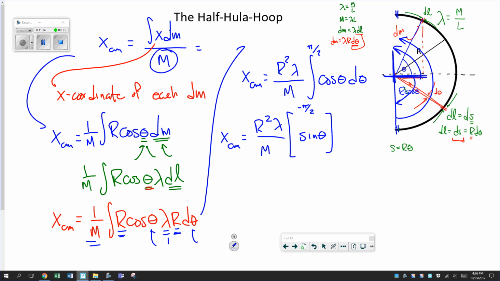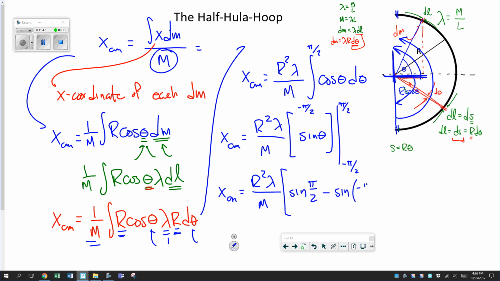And we've got to evaluate that from negative pi over 2 to positive pi over 2. To be real formal about this, this is r squared lambda over m times, well, we evaluate from the top value, pi over 2, and we subtract when we evaluate from the bottom value.